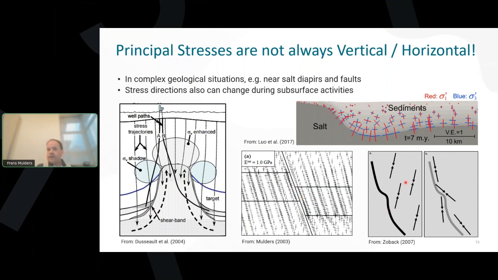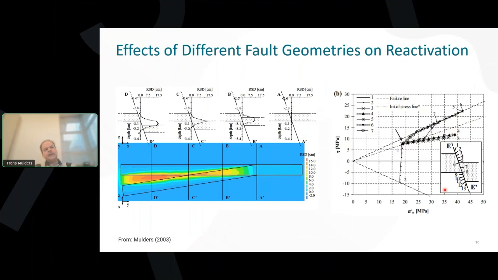Furthermore, if you deplete or inject, even the maximum horizontal stress azimuth can actually change during depletion. So in essence, maybe you can start analytically with a quick look analysis on how your rock properties affect stress paths and therefore how close you're going to get to fault reactivation.